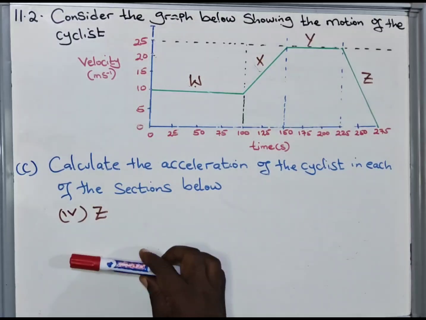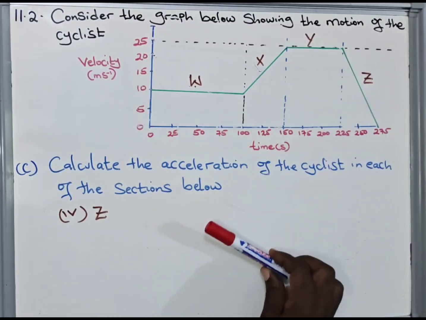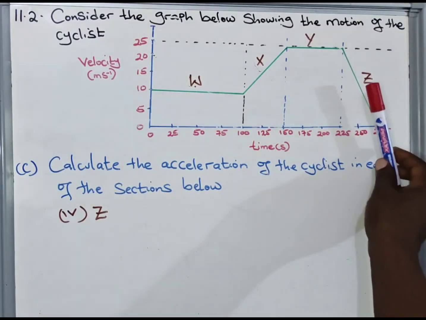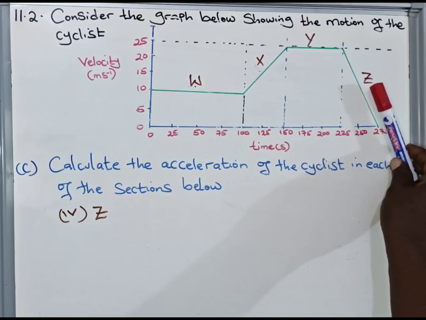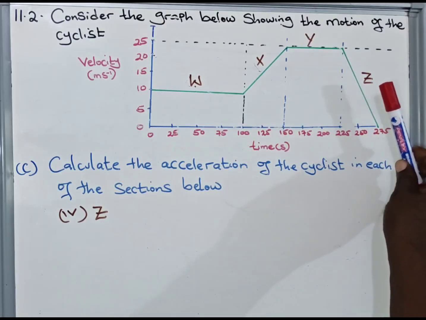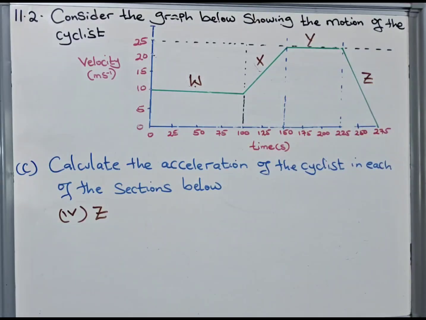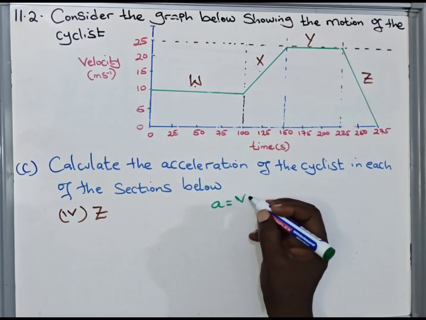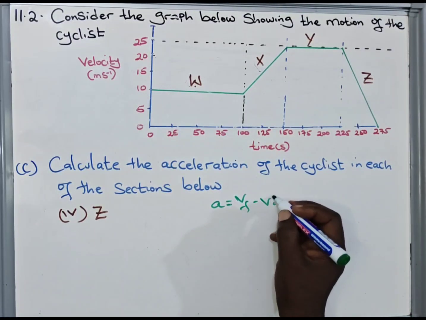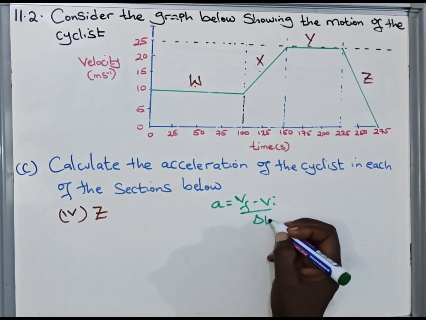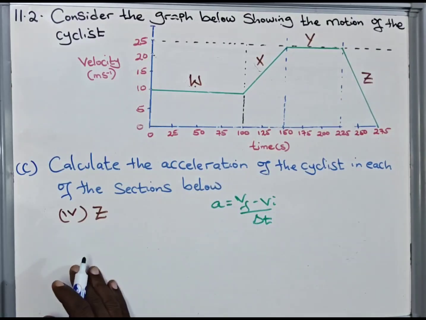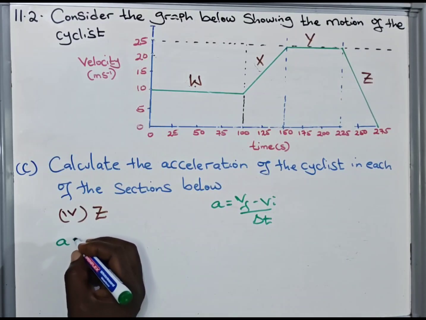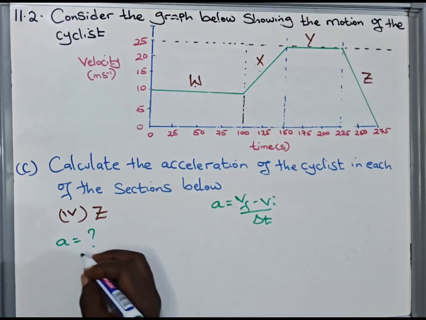Then we come to phase Z. We are calculating acceleration in section Z. How do we deal with this one? You know that acceleration is equal to Vf minus Vi over delta t. Then you check with what you have. A is what you're looking for.